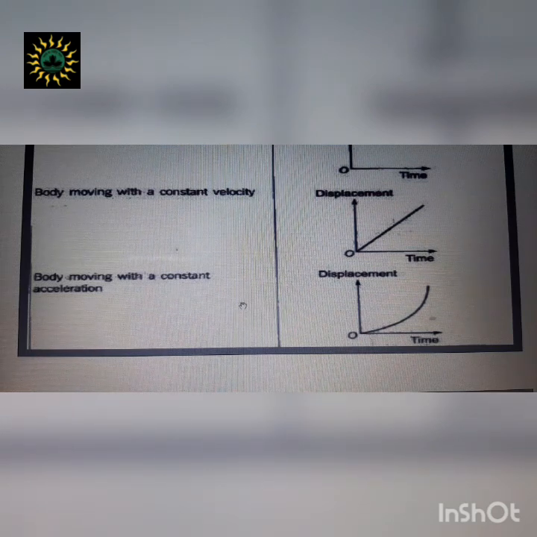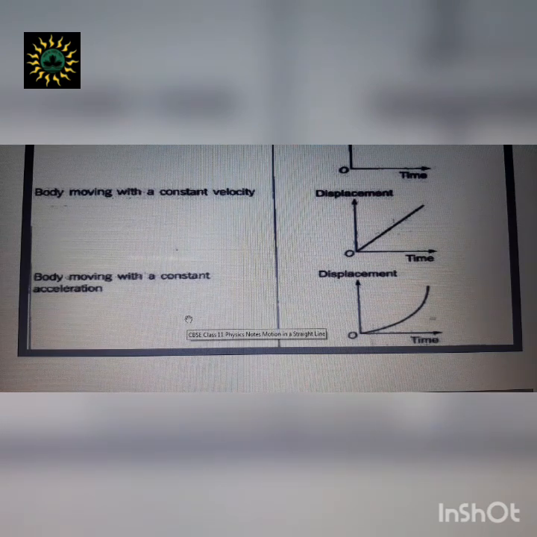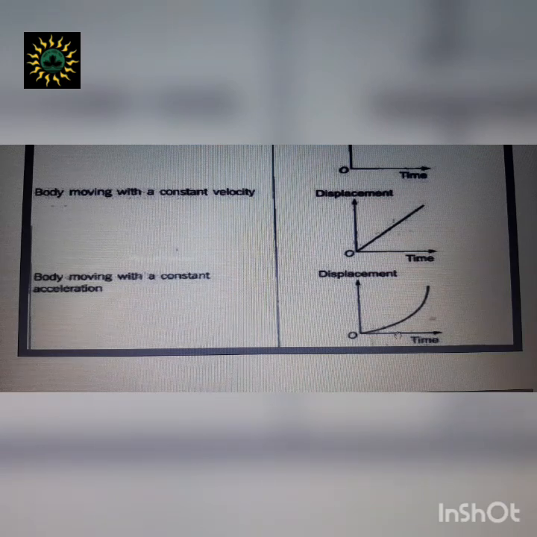Suppose at 1 second it has gone 1 centimeter displacement, in 2 seconds it has gone 4 centimeter, in 3 seconds it has gone 9 centimeter. So basically the graph takes a parabolic shape.